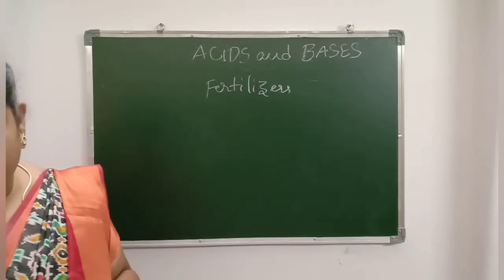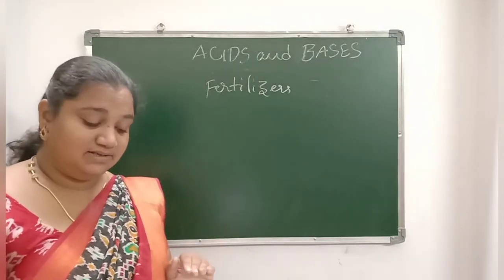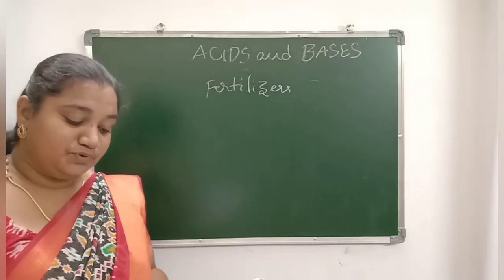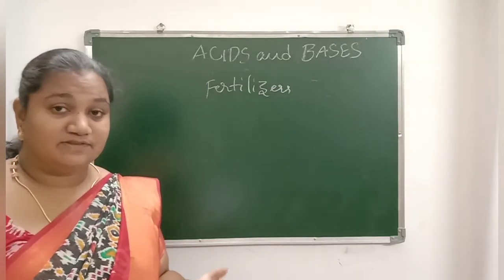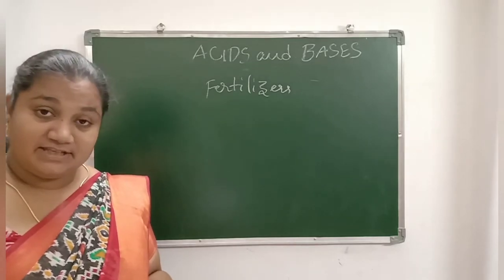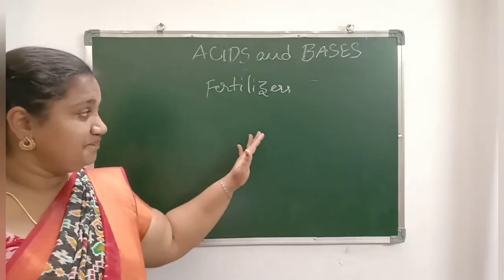It is also given: fertilizer, fertile land and organic manures. In recent years, the use of chemical fertilizers has increased. Through the use of chemical fertilizers, crop production increases, but it changes the nature of the soil. Some fertilizers increase the acidity of the soil and some increase the basicity.